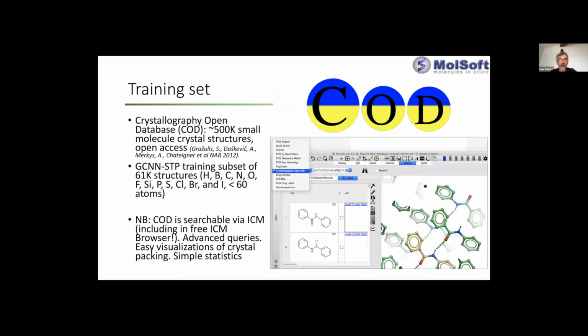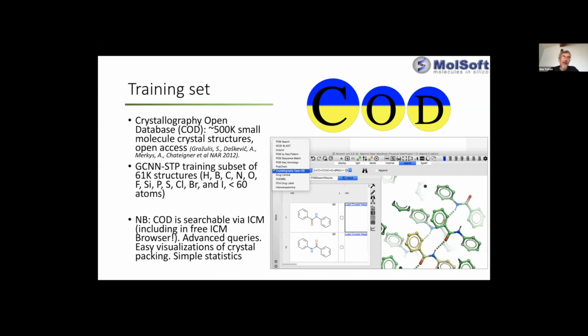So we next trained this model using the Crystallography Open Database. This is a very nice project, primarily by a Lithuanian group that started maybe 15 years ago, collecting a publicly open collection of small molecule crystals that now provides a good alternative to the privatized collection of public structures from a known company.